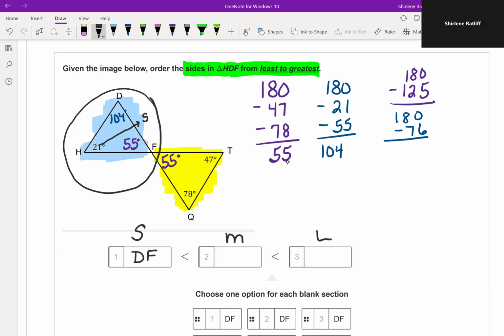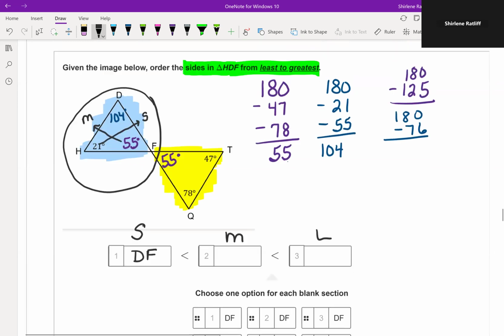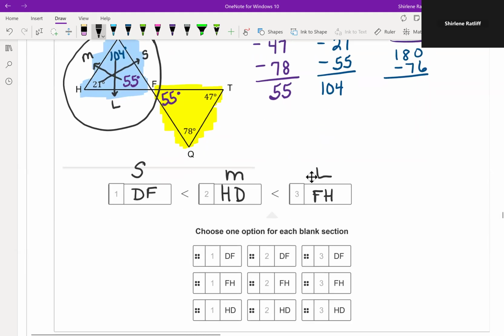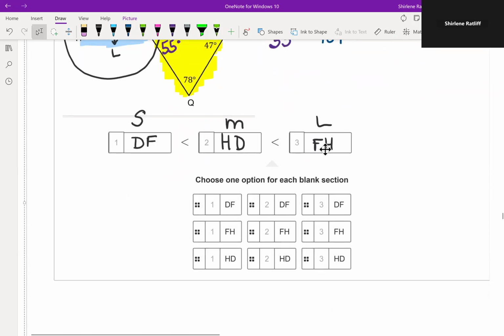The medium angle number is 55 degrees, so the medium side would be HD. And the largest angle measure is 104, so the largest side would be side FH. I checked as I was going to make sure that was the order they put their letters in. So the final answer is DF is less than HD is less than FH.